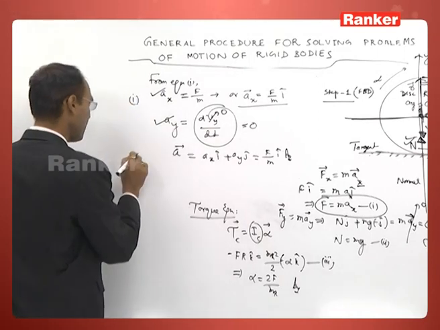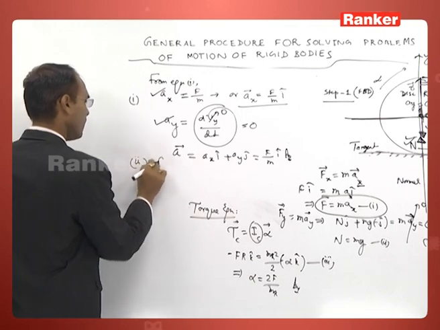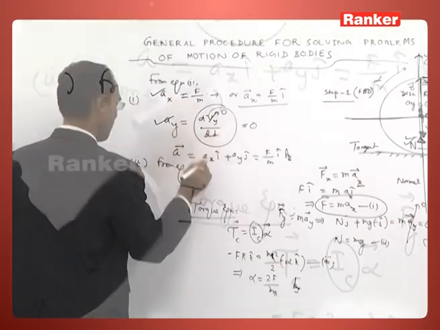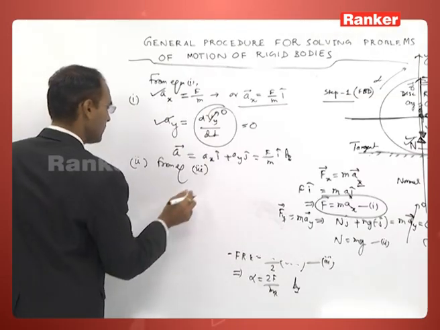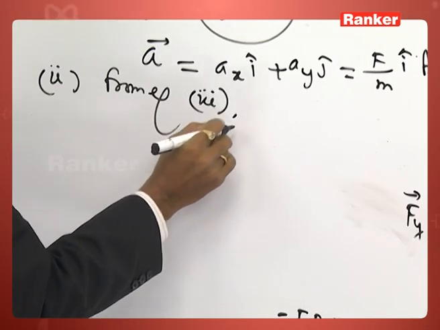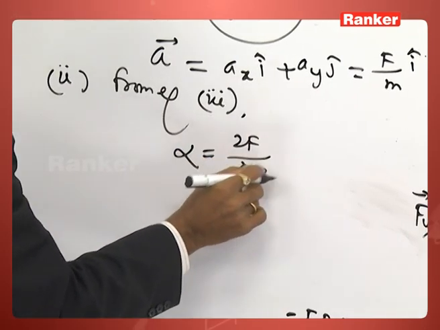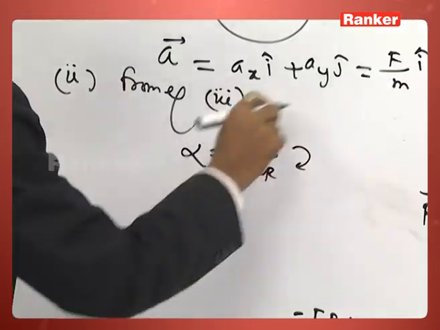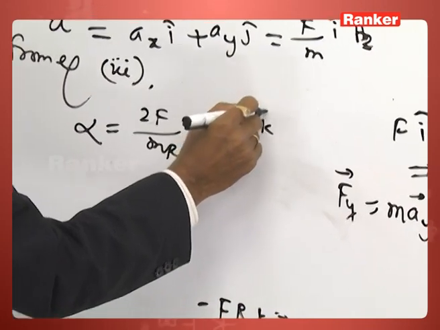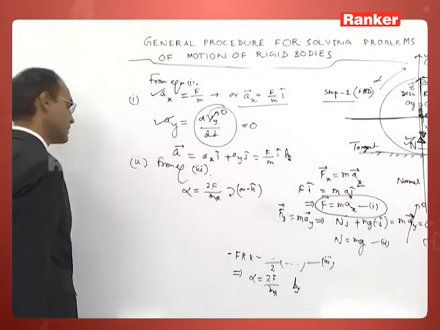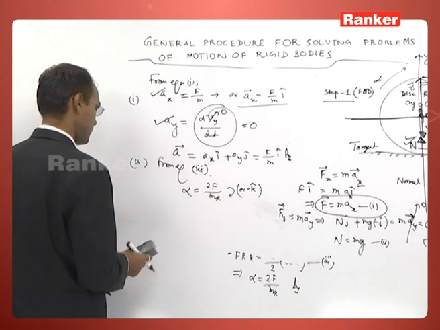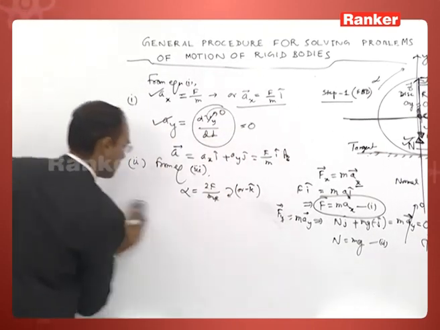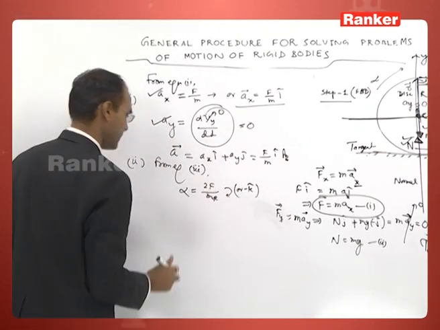Next is to find alpha. From equation 3, we can find alpha as 2F by mR. Since we are getting a positive result, our assumed direction is correct, that is along the negative z axis, or negative z direction.